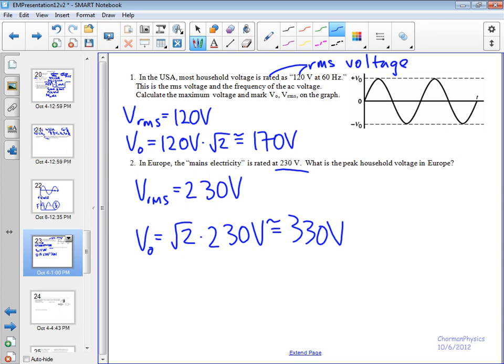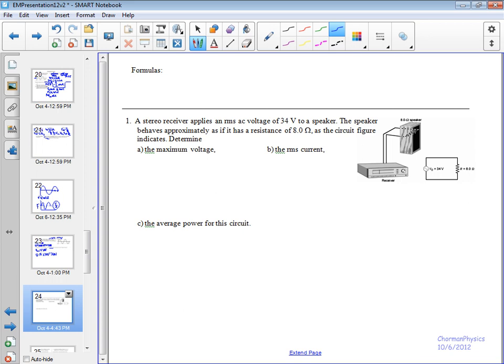Okay. So again, we can get the resistance here, as long as we're just dealing with the consistent values, whether it's maximum or RMS values.